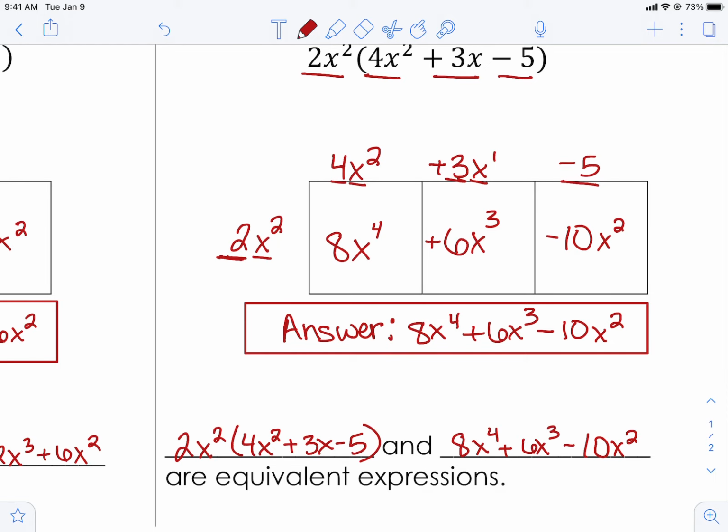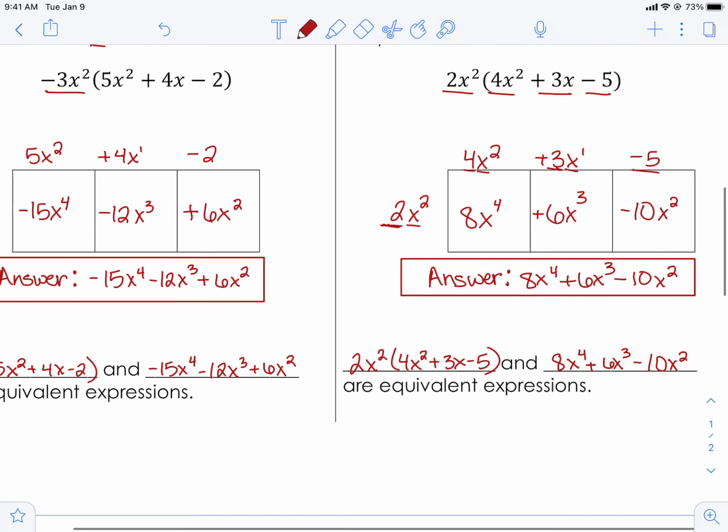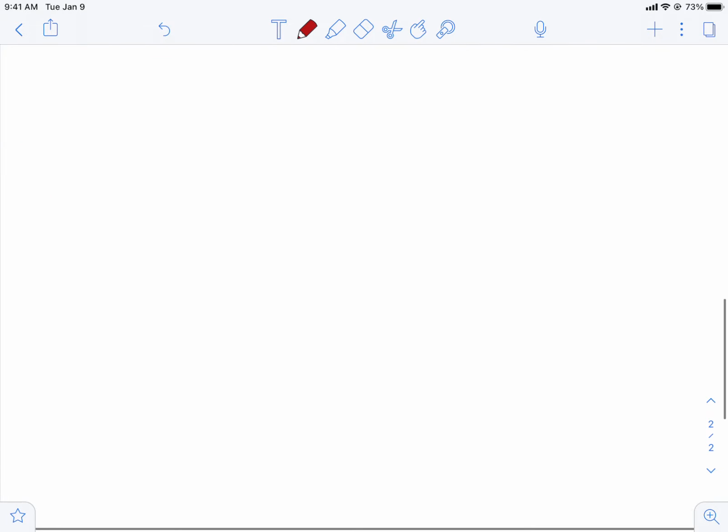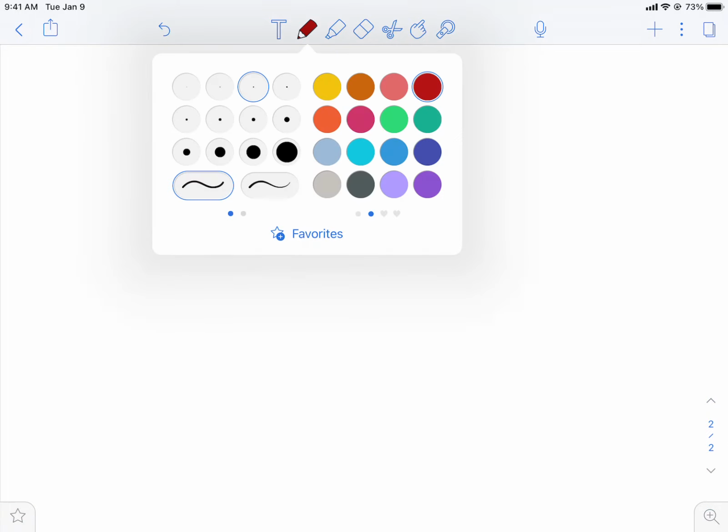Okay, now I do want to add one additional question that is not on here. I'm adding a question for you to practice. I want to show you what something looks like if we have multiple variables. So let me switch my pen color over.